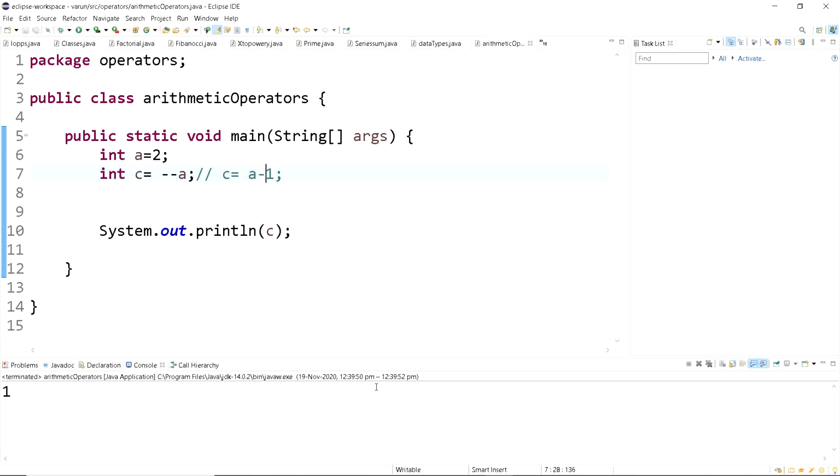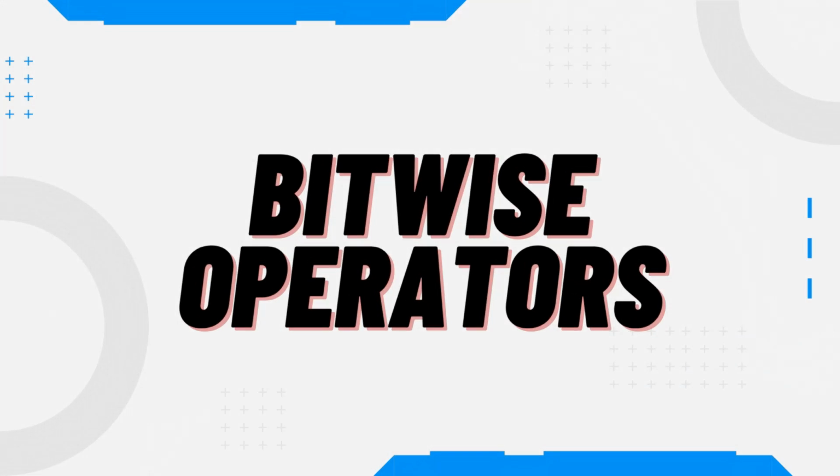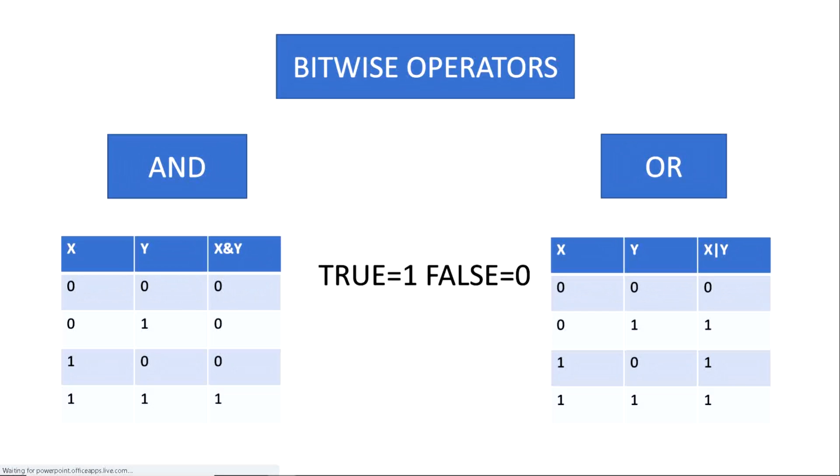Next we will discuss what bitwise operators are. In bitwise operators we have AND and OR cases. So these are truth tables. In the AND table, I guess some people might have a good idea about this, and some people might not. In the AND table, if both cases are true, then it is true.